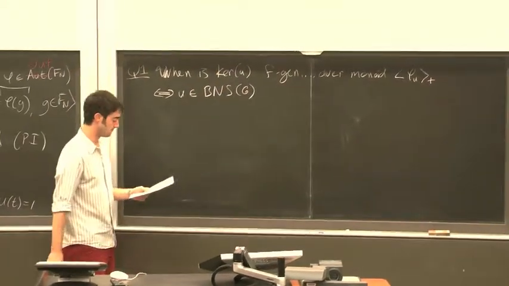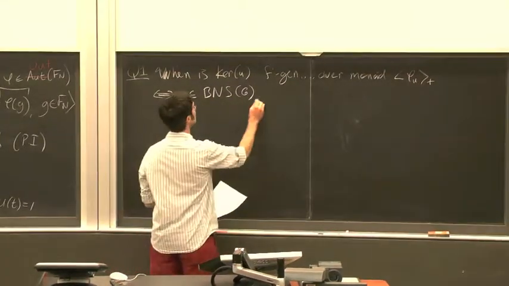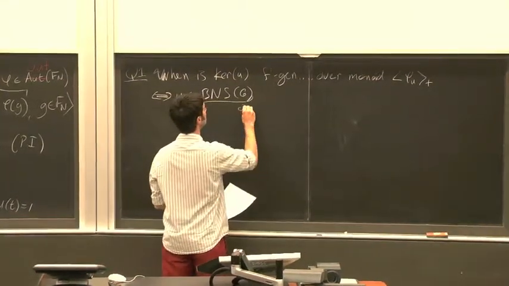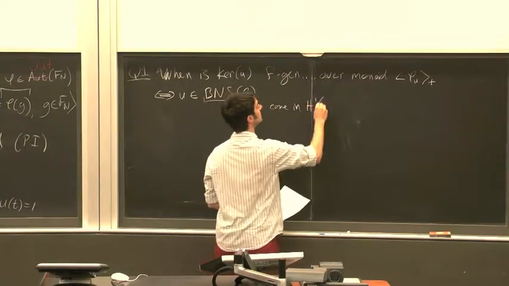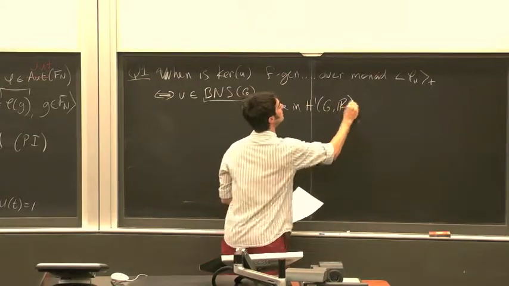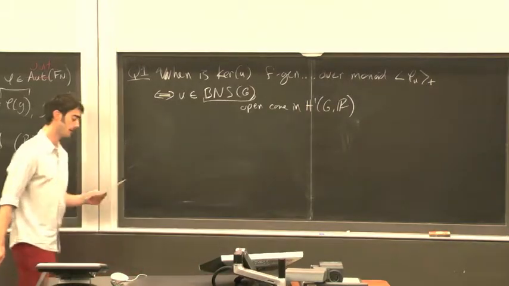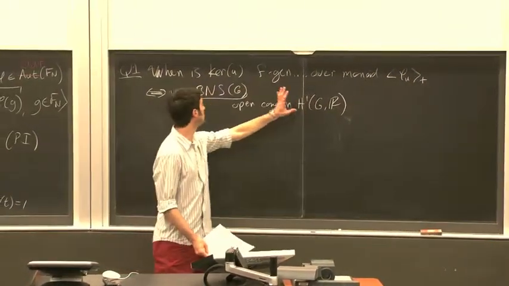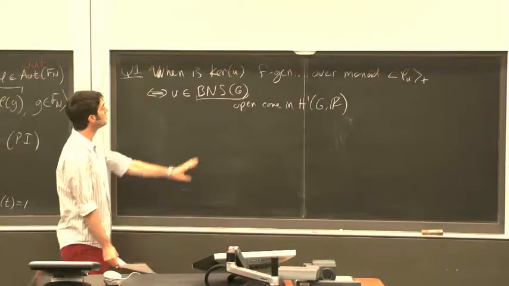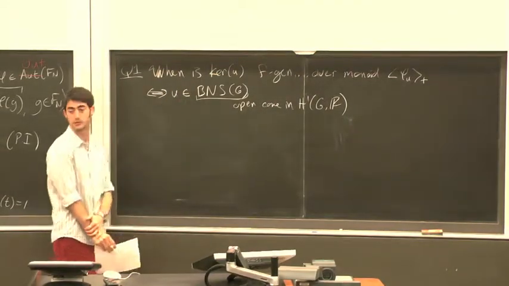Okay, so this thing is an open cone in the first cohomology of your group. All right. So this is something introduced by Bieri, Neumann and Strebel. It's sort of an important invariant of a group.